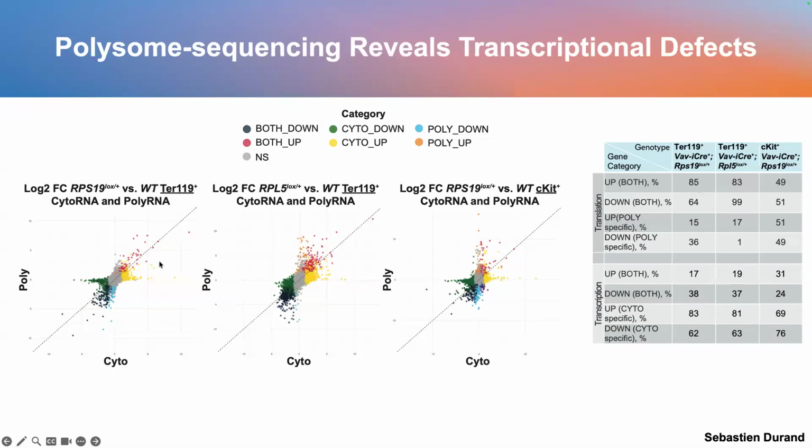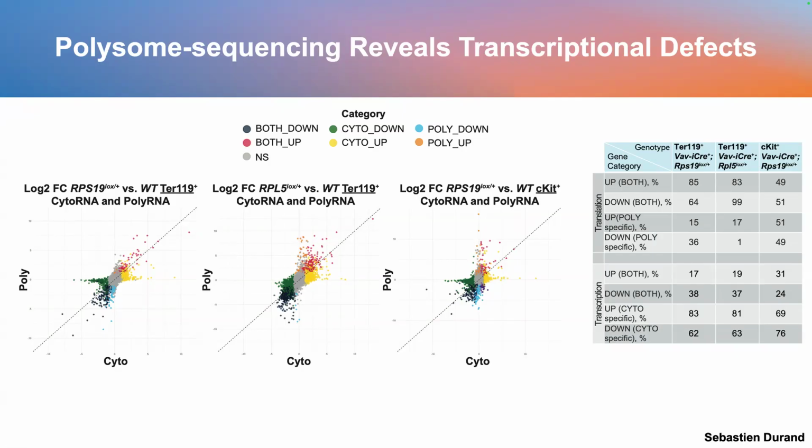And what we observed is that in the TEL119 compartment and in the c-KIT compartment for the RPS19, okay, there were many differences. And what you can observe here for the RPS19, RPL5, and here the c-KIT is that there was, here I'm going to take this one or even this one, there was a transcription element that was apparent.